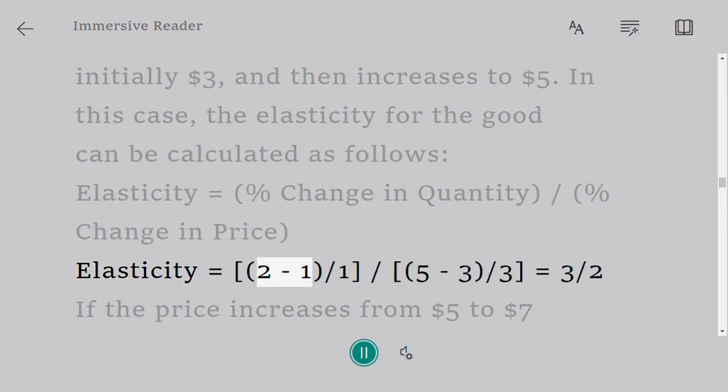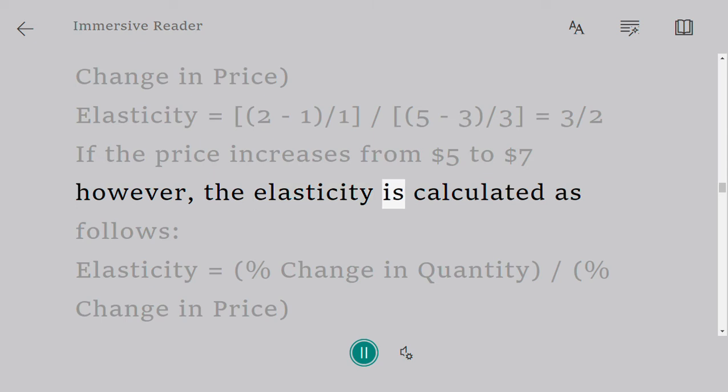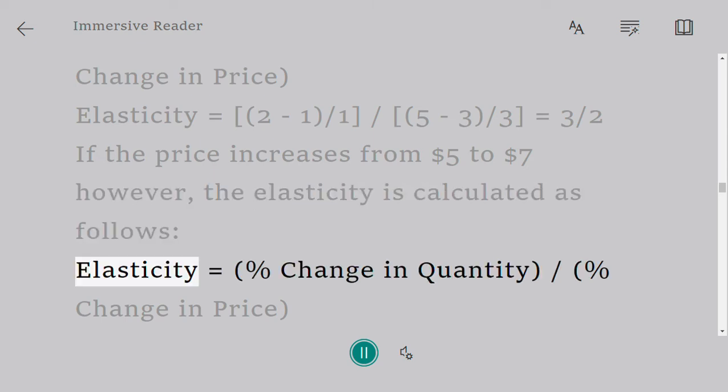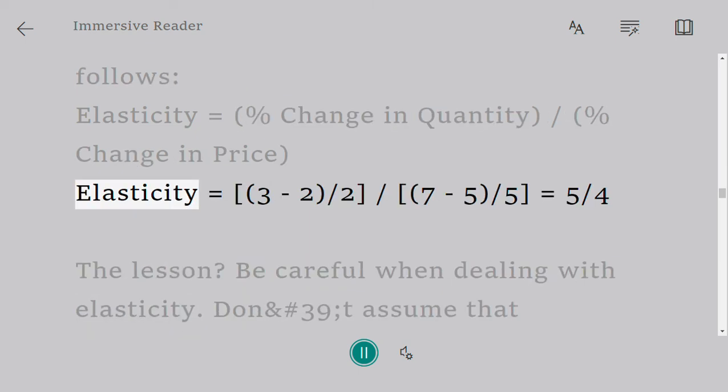Elasticity equals (2 - 1) / 1 / (5 - 3) / 3 equals 3/2. If the price increases from $5 to $7, however, the elasticity is calculated as follows. Elasticity equals percent change in quantity / percent change in price. Elasticity equals (3 - 2) / 2 / (7 - 5) / 5 equals 5/4.